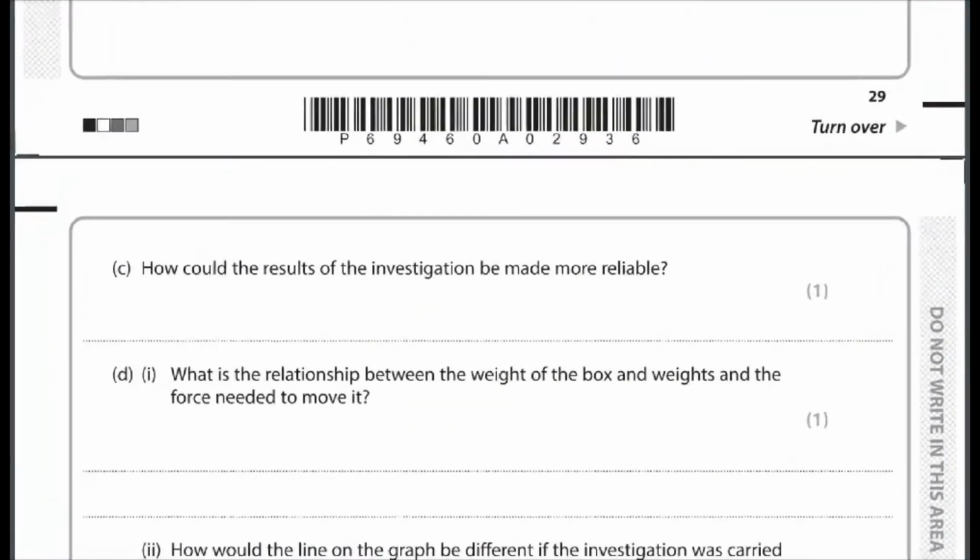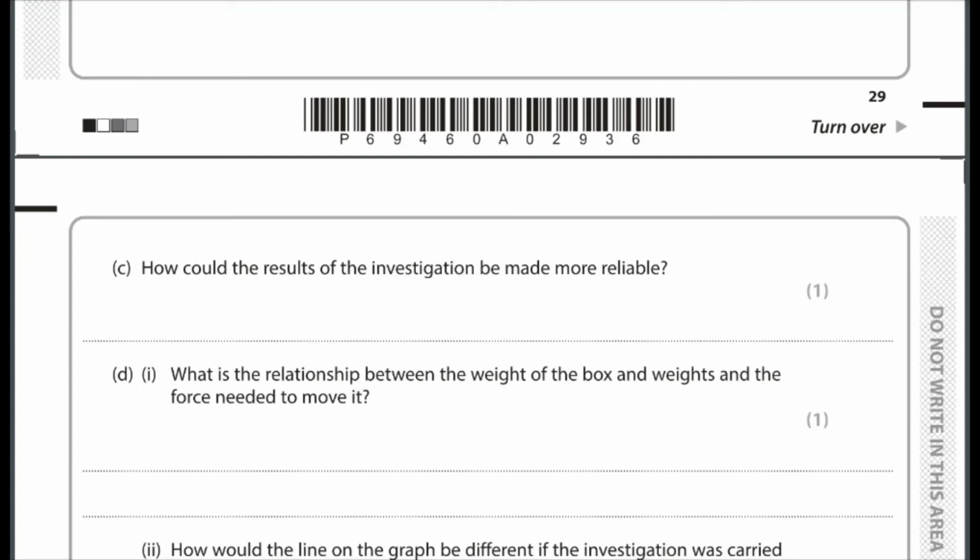Next question. How could the results of the investigation be made more reliable? To make it more reliable, we can do the experiment several times and take the average.